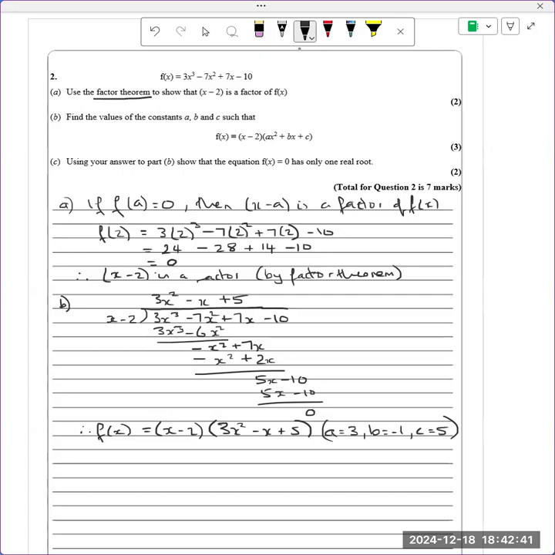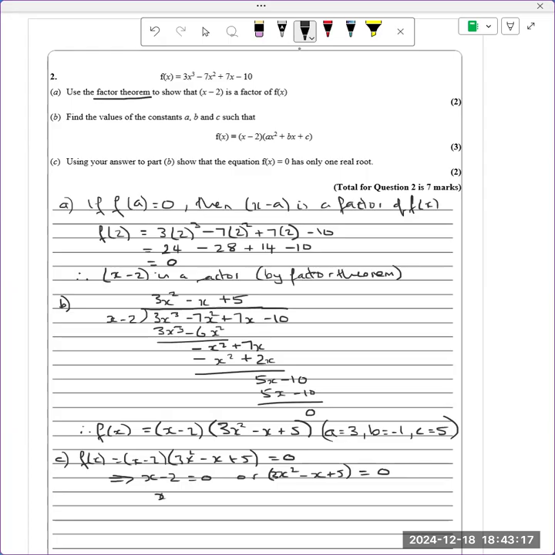Okay, so question C, we now have to show that there's only one real root. So perhaps we should point out, what we have is f of x, which is x minus 2 times 3x squared minus x plus 5, equal to 0, implies that x minus 2 equals 0, or 3x squared minus x plus 5 equals 0.